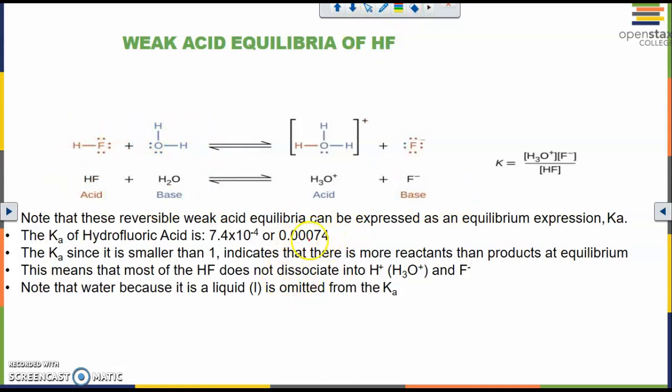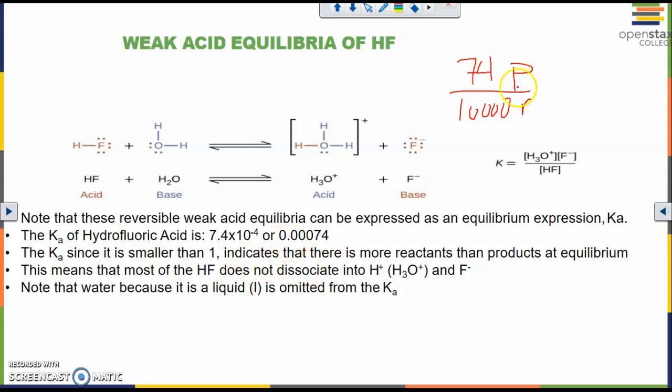And if I write this as an expression, I hope that you understand this, it's actually 74 divided by 10,000. So that means for every 74 products, you actually have 10,000 reactants.